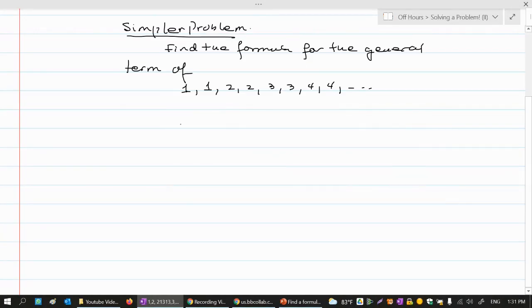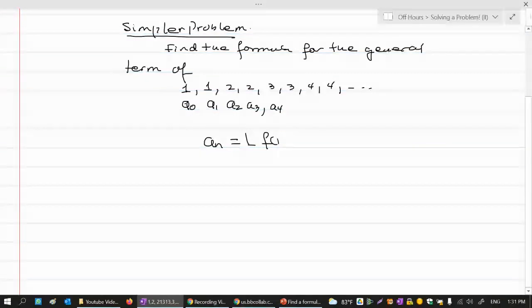Of course, in this case, we are going to consider that the first element is a sub 0, the second one is a sub 1, a sub 2 is the third one, a sub 3 the fourth one, a sub 4, and so forth. So the idea here is to assume that a sub n, when n is a number greater than or equal to 0, can be expressed as the floor of a certain expression f of n that depends on n.